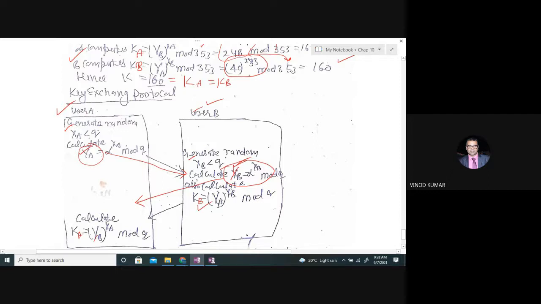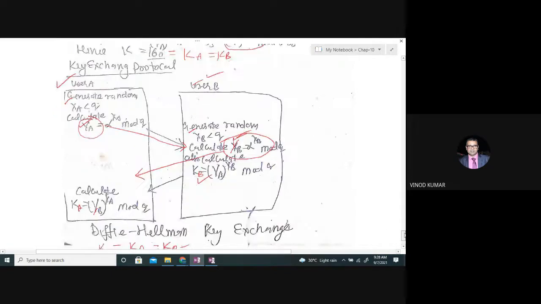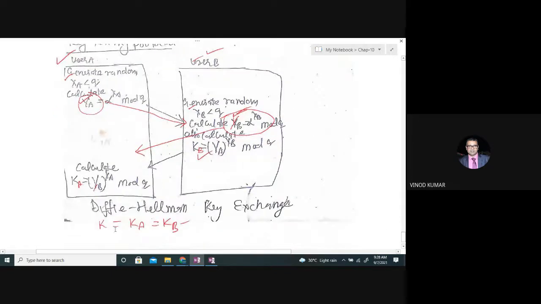The shared key is this. After that, user B sends this public key to user A, and user A computes the shared key. So both keys are the same. Okay.